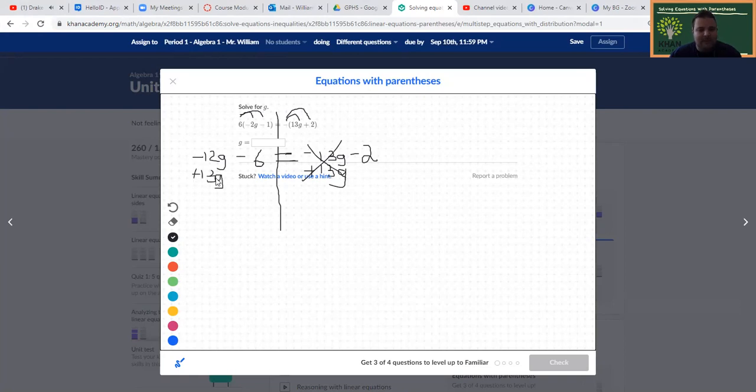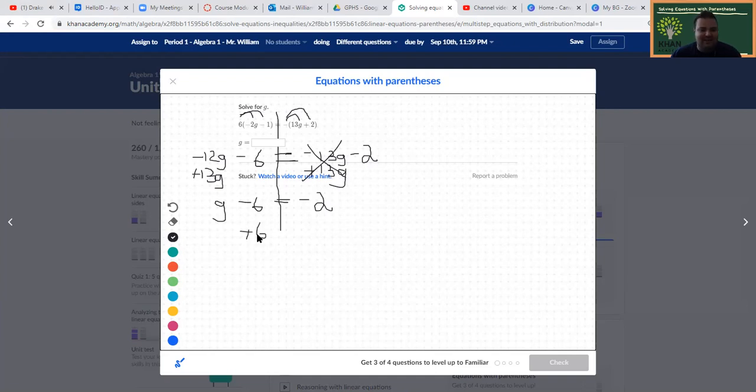Negative 12g plus 13g is positive 1g. So 1g is g. Bring down the minus 6, equals, bring down the negative 2. This is gone now because I did the inverse operation. We have g minus 6 equals negative 2.